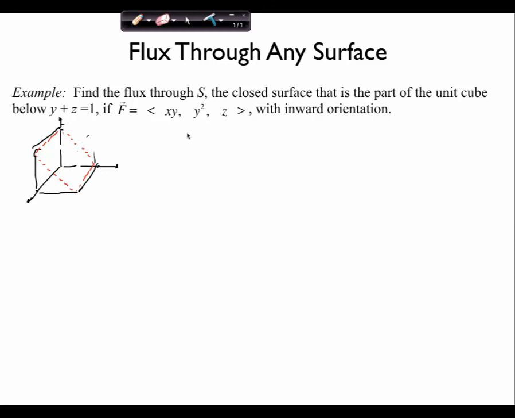Yeah, Jacob. Would you add the flux going in and subtract the flux going out? Okay. So how do we know where it goes in and where it goes out?